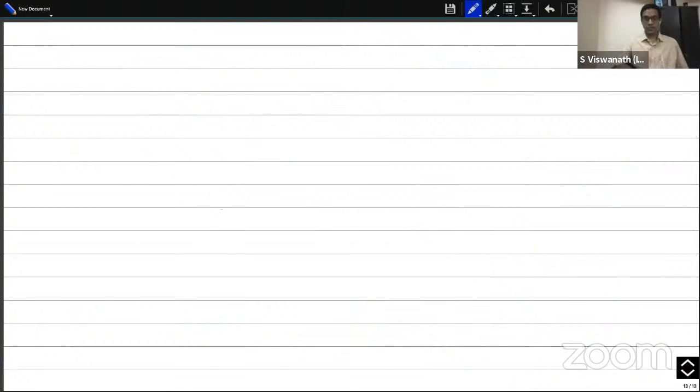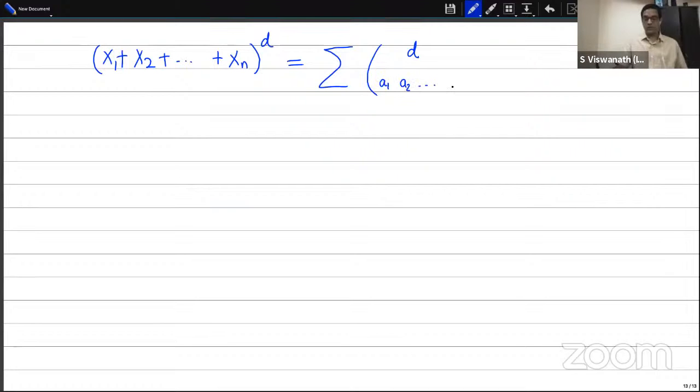Notice that this sort of came up in what we just did regarding the multinomial theorem. So we said, suppose I take these n variables, x1 plus x2 plus up to xn, and raise the whole thing to the power d. Then it's going to become a massive sum. d is the total degree. There'll be some multinomial coefficient, d choose a1, a2, ..., an, times x1 power a1, x2 power a2, ..., xn power an.